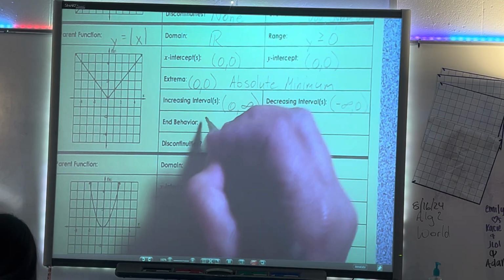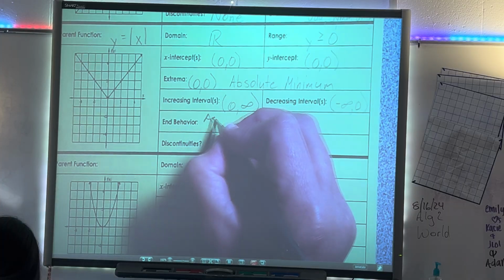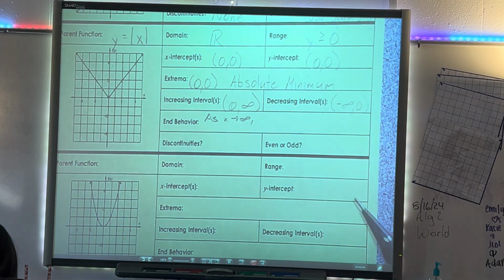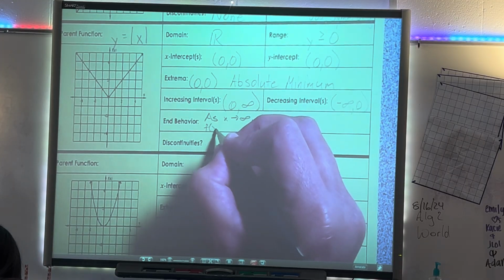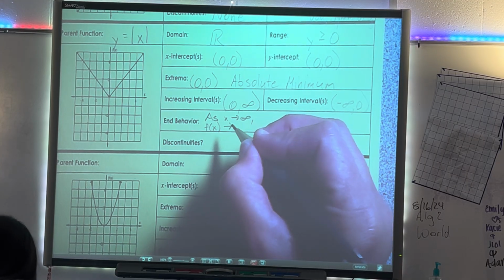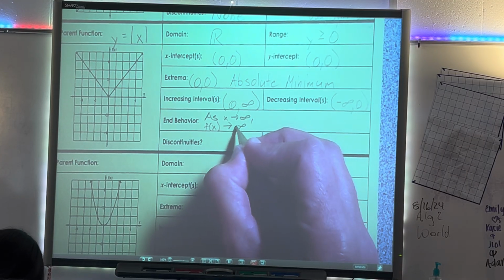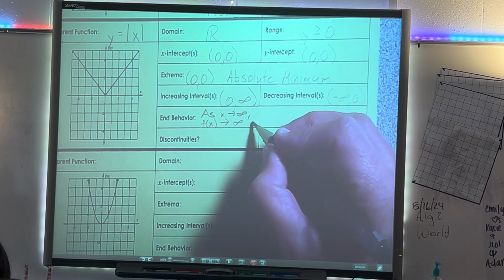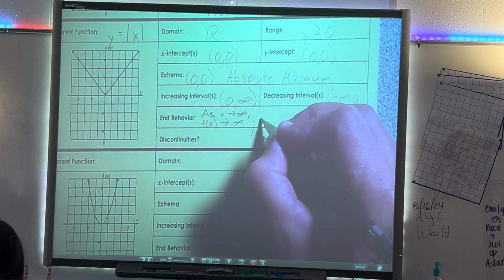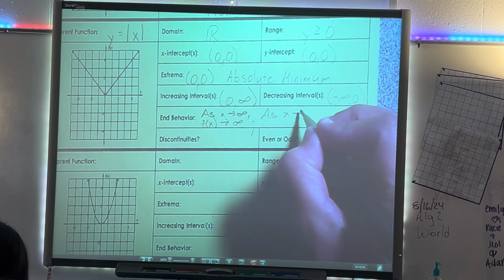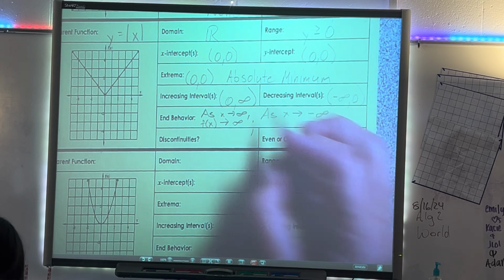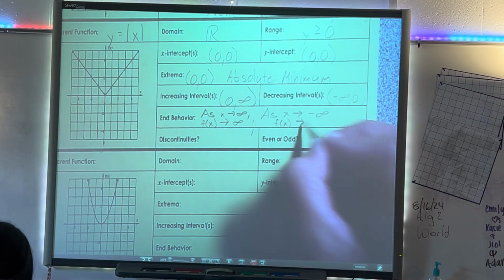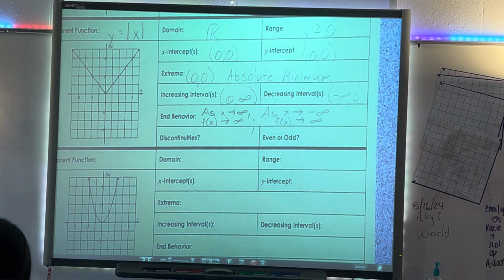The end behavior, I'll try to write this way, as x approaches infinity, f of x approaches infinity, and as x approaches negative infinity, so on the left side, in this case, f of x also still approaches positive infinity here.